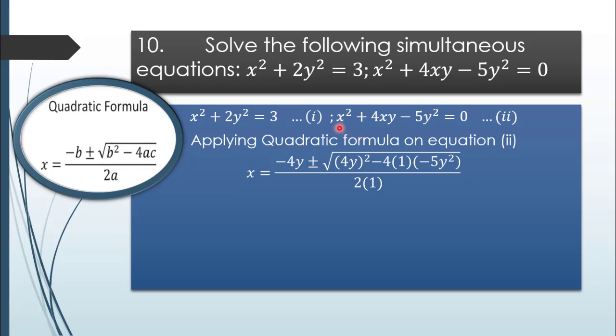Keeping the values of the given quadratic equation in mind, we can write the quadratic formula as x is equal to minus the coefficient of x, that is 4y, minus 4y plus minus square root of b square, that is 4y square, minus 4 times the coefficient of x square times the coefficient of the constant term.